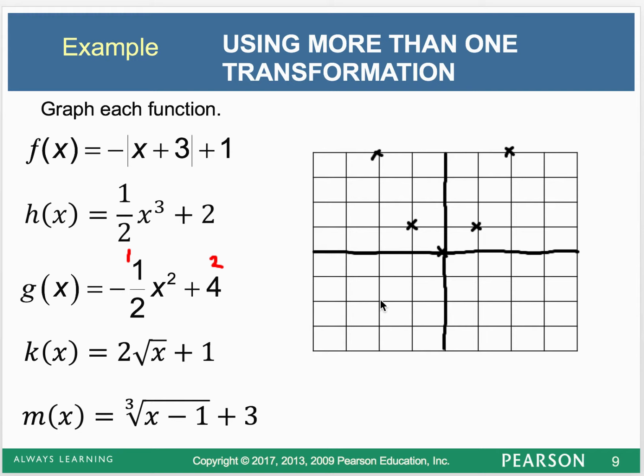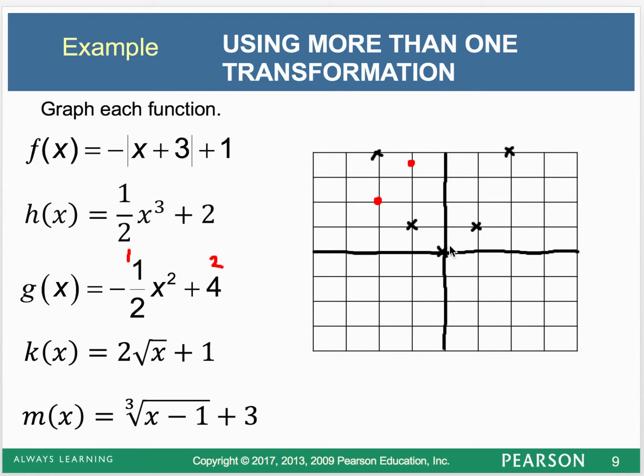But then, don't forget we got to add 4, right? 1, 2, 3, 4. Okay, this y value is 1. Negative 1/2 times 1 is negative 1/2. But then we add 4. 1, 2, 3, 4.